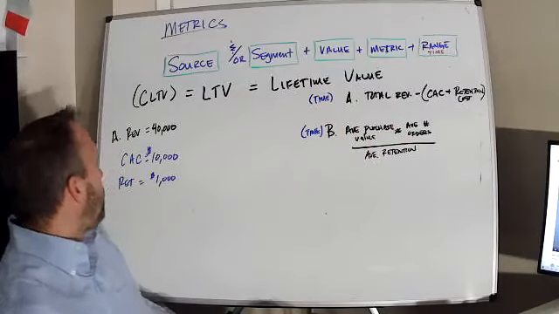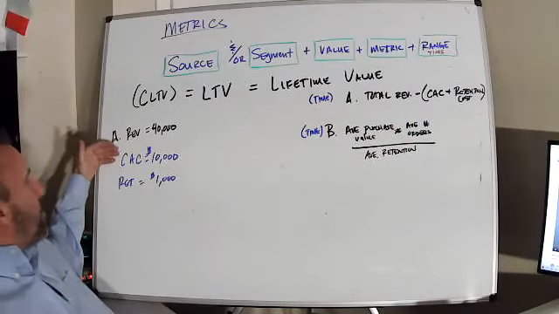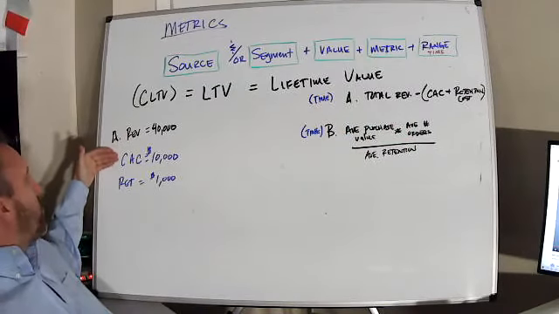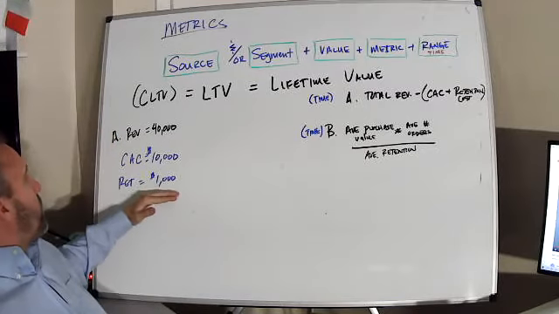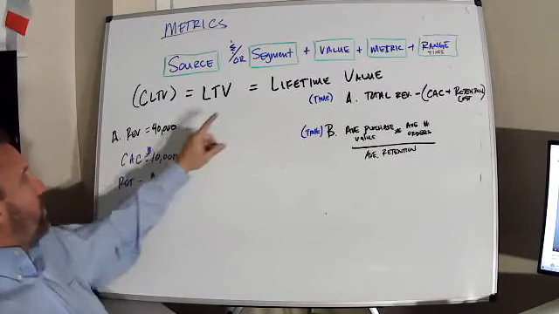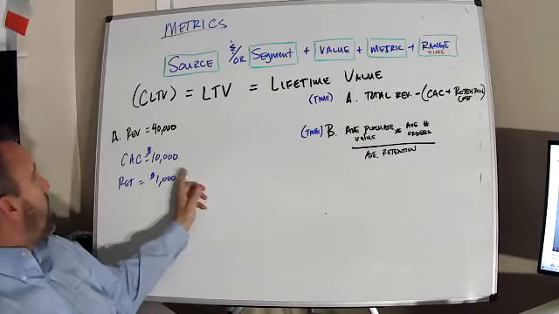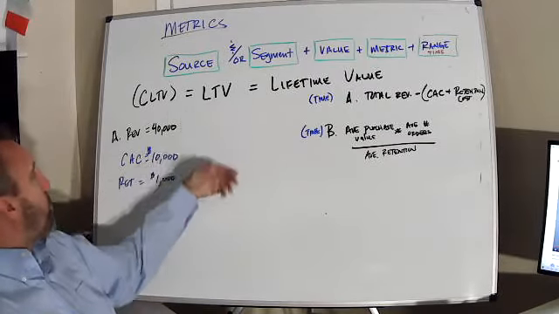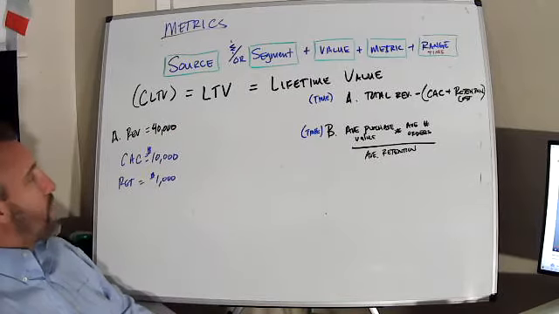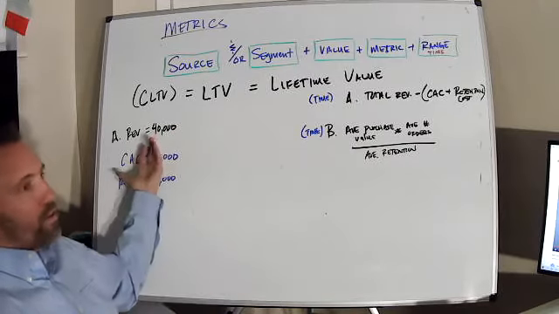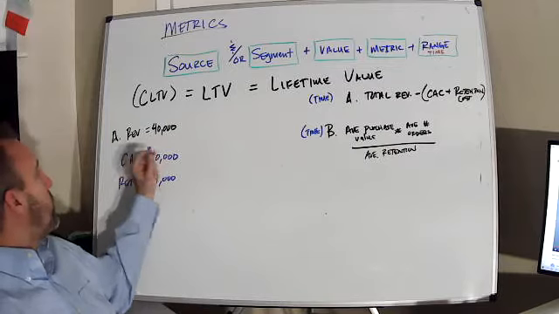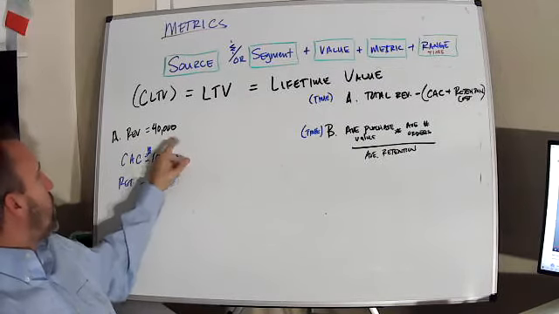So if you look at our last example, customer acquisition cost was 10,000, maybe retention's 1,000, but the revenue is 40,000. We would take 40,000, we would subtract 11,000, and that would give us our average revenue per customer of $29,000 a year. We decided this was their revenue annually.